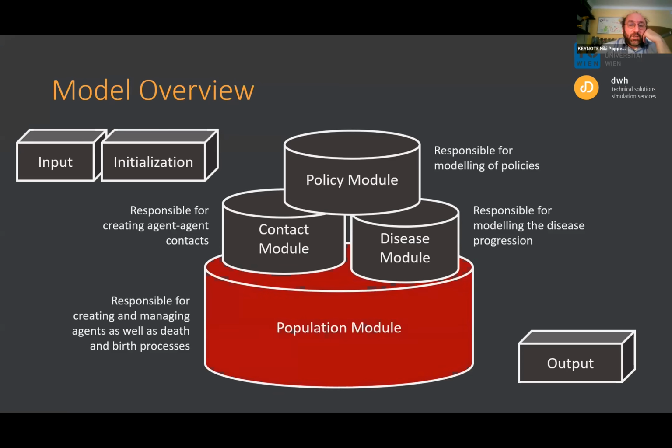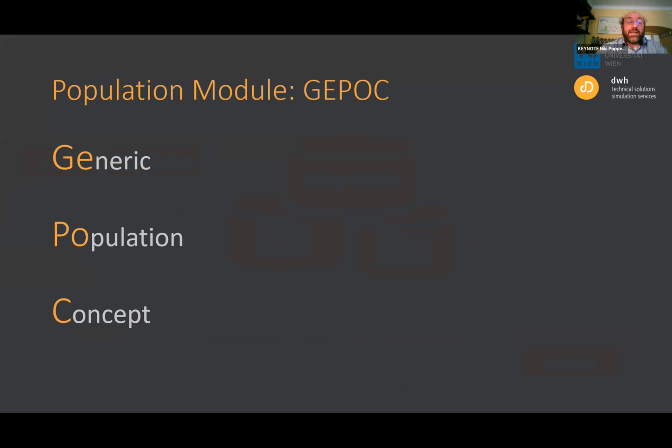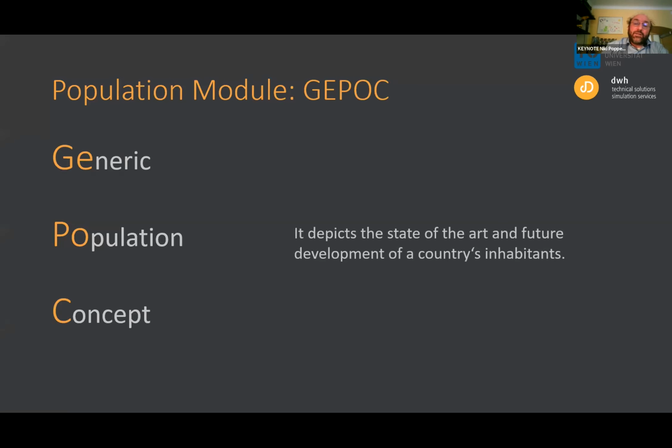First of all, we have our population module, which is responsible for creating and managing agents from birth to death. It was developed in our COMET project, DexHelp, and it's called the generic population concept. Why?